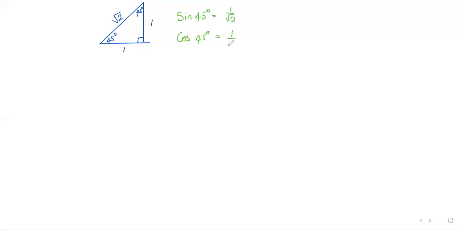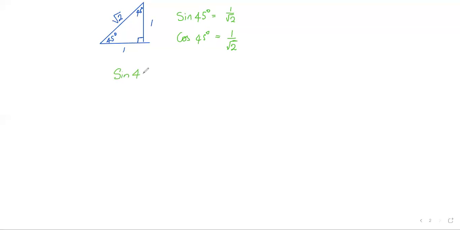Adjacent to 45 is 1. The hypotenuse is root 2. So the sine of 45 and the cos of 45 are equal. That's what you have.